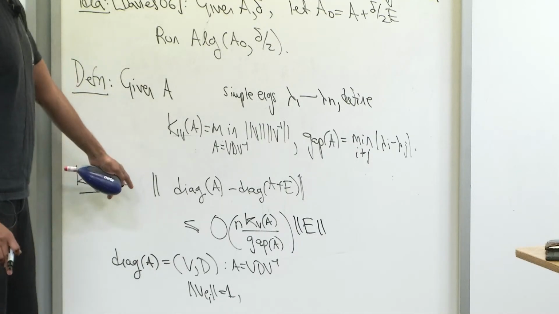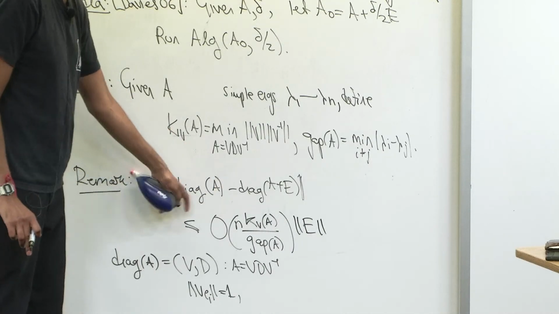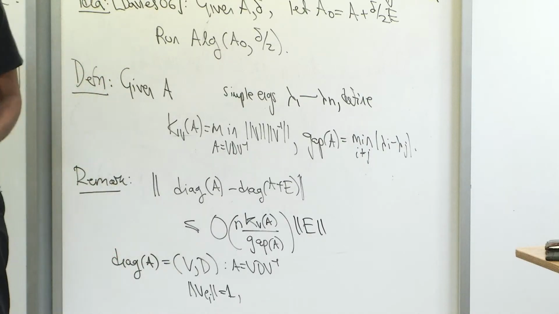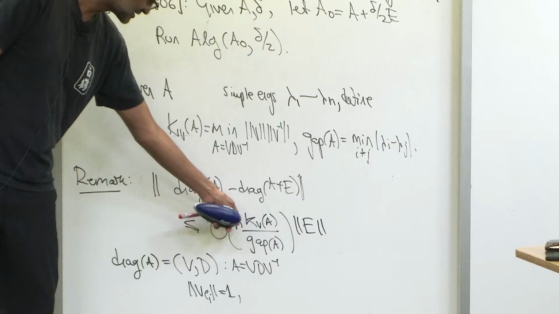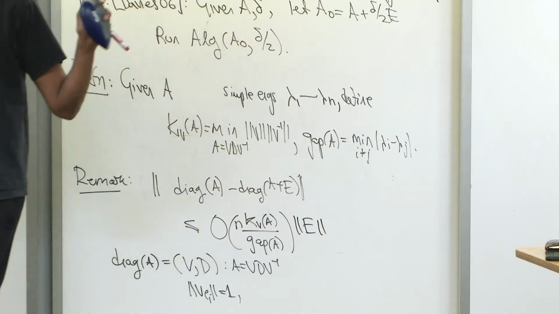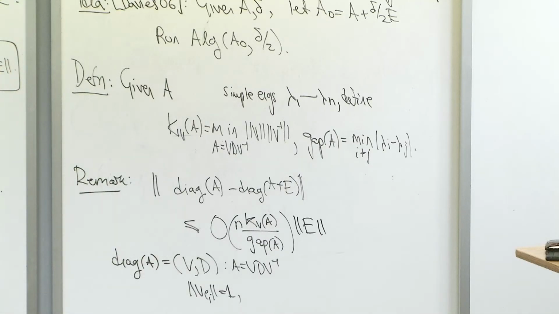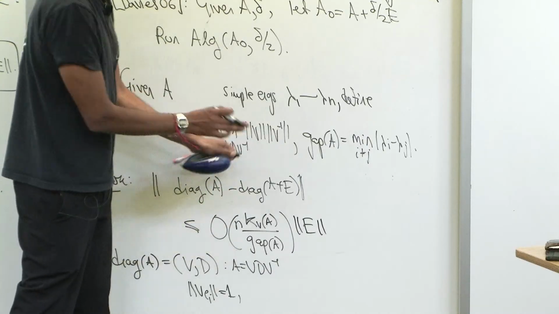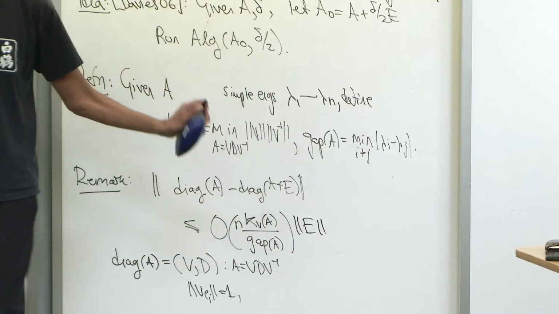But what Peter is saying is that if diag of A is the function that produces a normalized diagonalization of a matrix, the stability of that function is given by the ratio of these two numbers. There might be a square here. Somebody can correct me if they're right, but it's polynomially related. And the norm of the tuples is like the sum of the norms of the individual ones. I don't care about polynomial and n factors in this talk right now, so all norms are equivalent up to poly n factors.